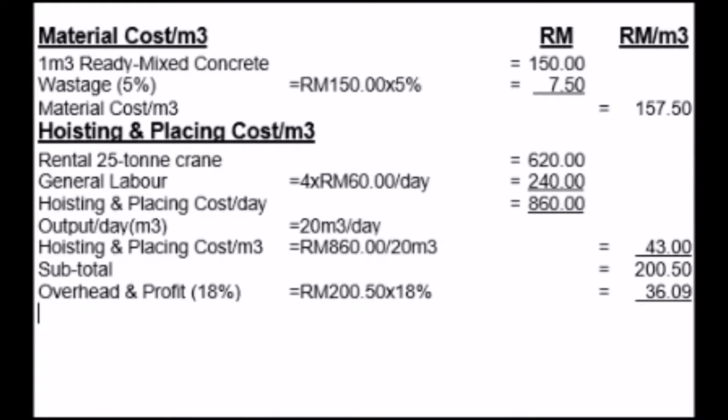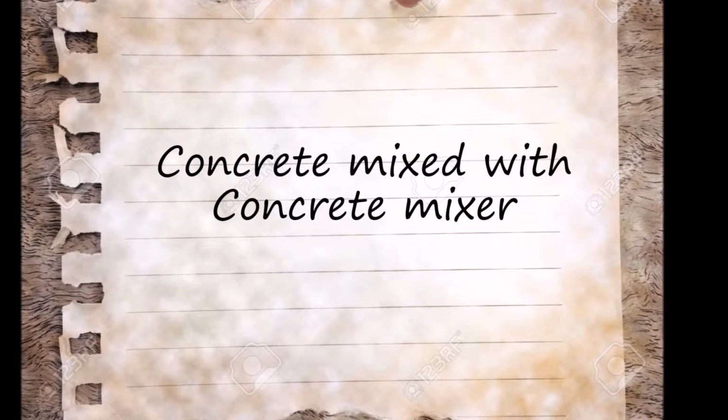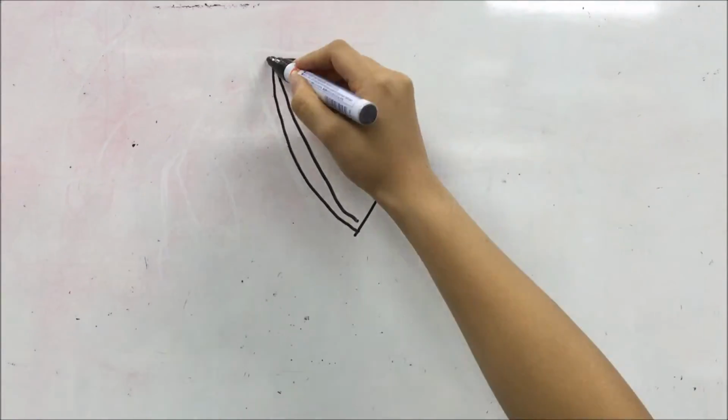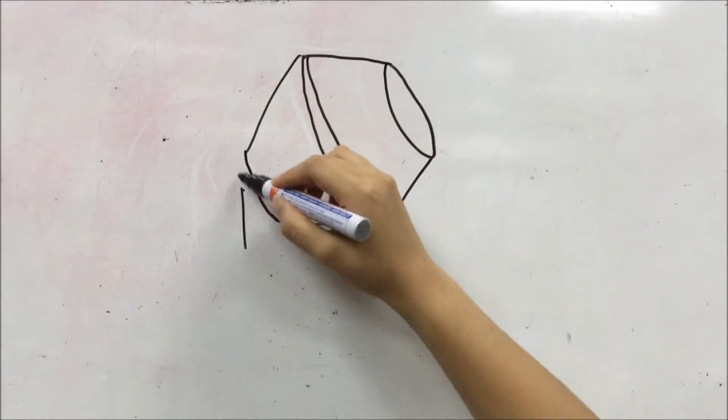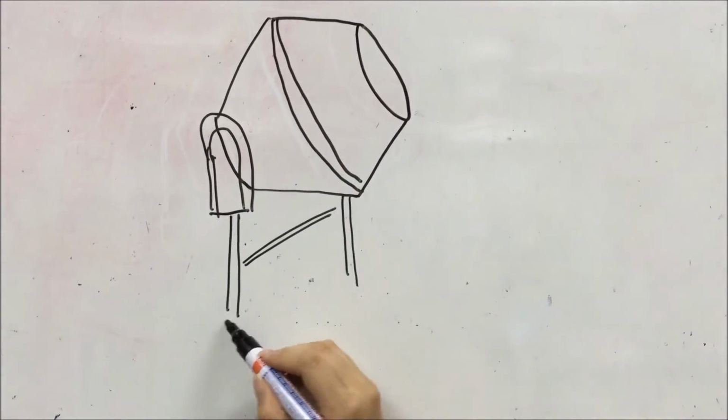After we add the material and hoisting and placing costs, we will add an overhead and profit of 18%, and the final rate would be 236 ringgit and 59 cents. For the concrete mixed with the concrete mixer, first of all, the video above shows the concrete mixer, which is used to mix the concrete.